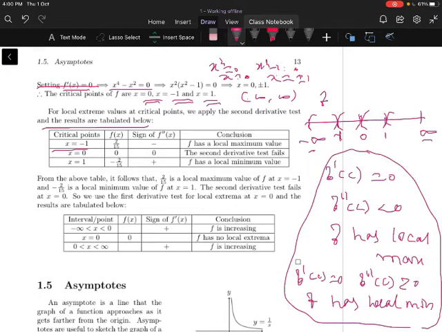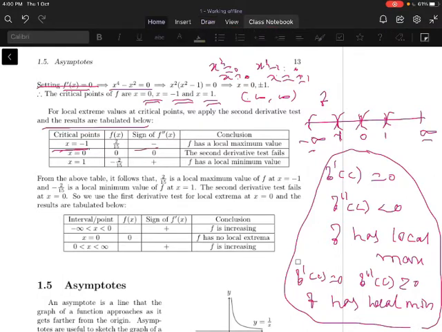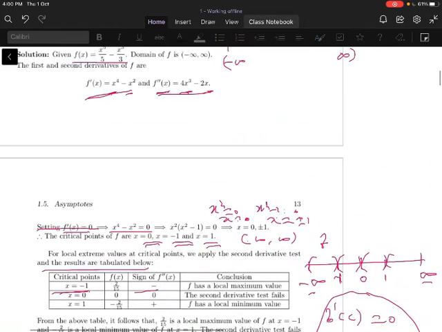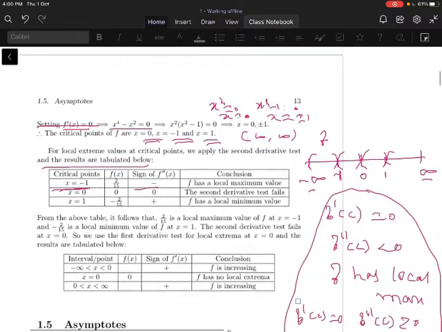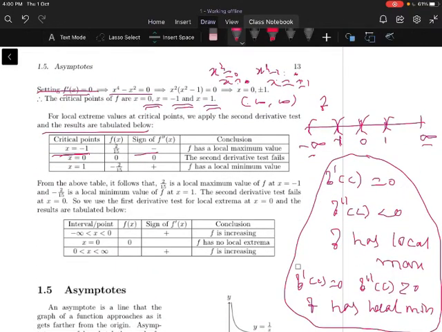With the help of the second derivative test, let us find out whether the given function has local maximum or local minimum values. Let us take the first critical point, x is equal to minus 1. We calculated f double dash, that is 4x cube minus 2x.